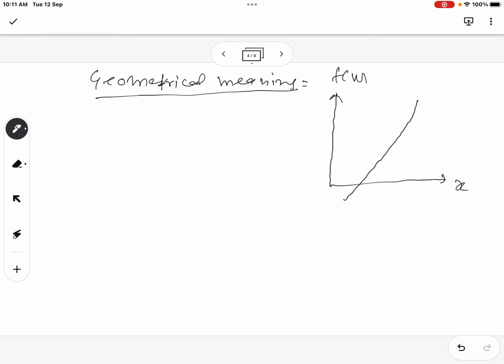So this method says that if I choose some initial approximation x naught and from there I draw a tangent, this is a tangent which is at point x naught on the curve, then wherever this point will intersect this x-axis, that is your next approximation.